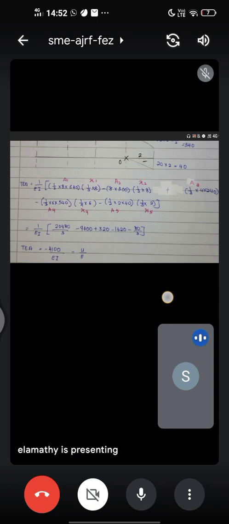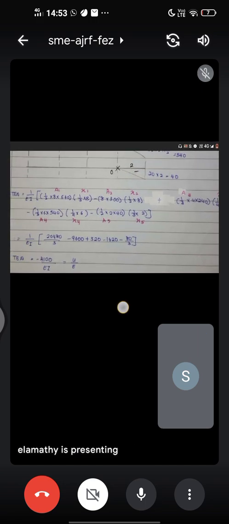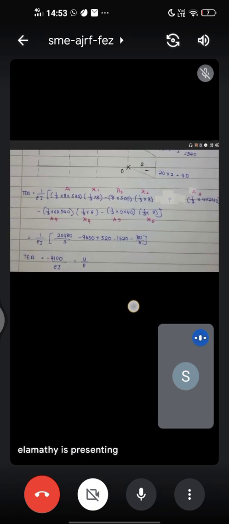So for θA, we will follow everything from the graph. This 1 over 2 we get from the graph, because everything will be in triangle shape, so we will use 1 over 2 to find the area. We will multiply with all the numbers we have in the graph just now.